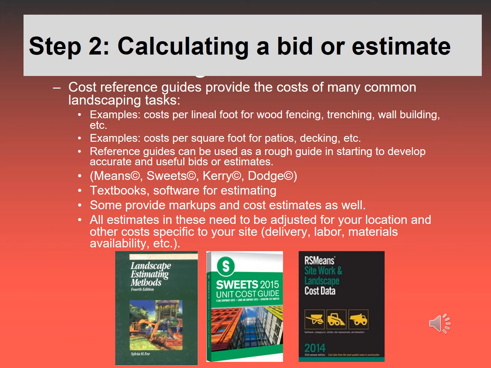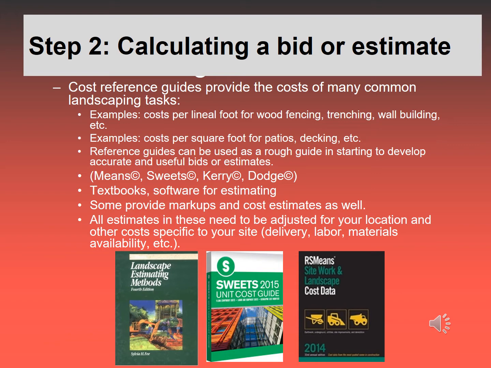These are general. So if you look up the cost of a wooden fence, how much it costs per lineal foot for materials and for how long it takes for labor, and you're applying it to your job that's in Ohio, that's going to be a different cost than if you apply that same project in Santa Barbara, California.